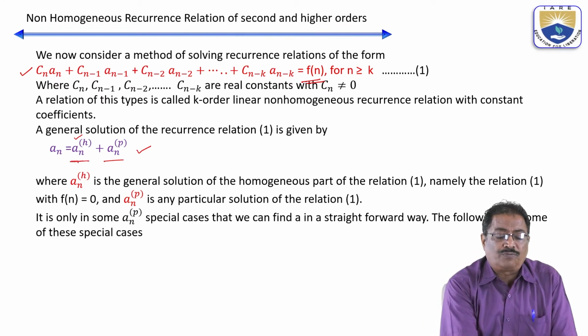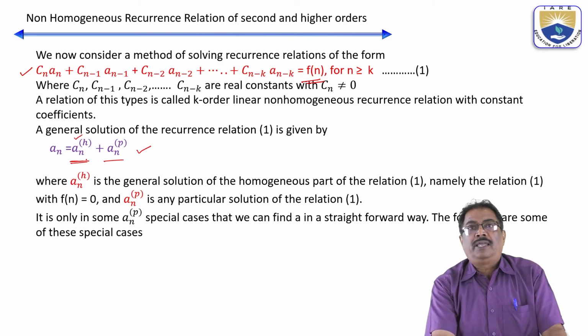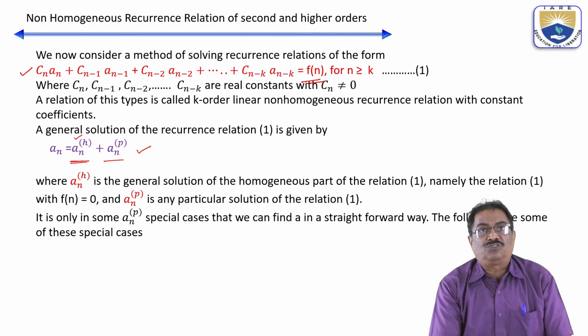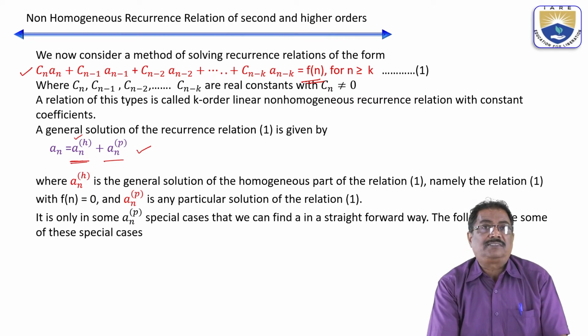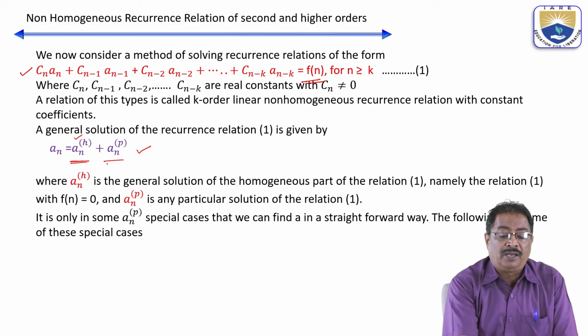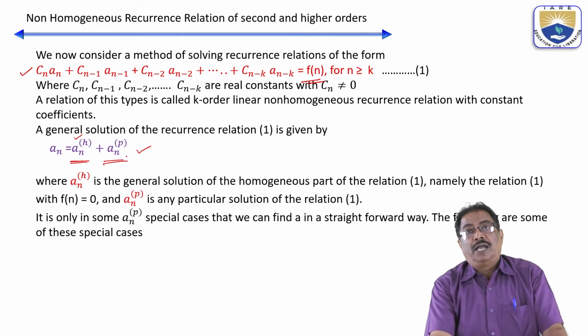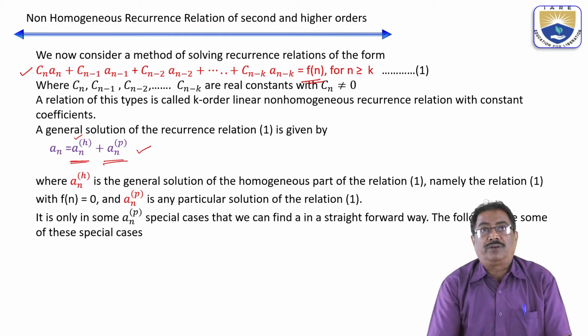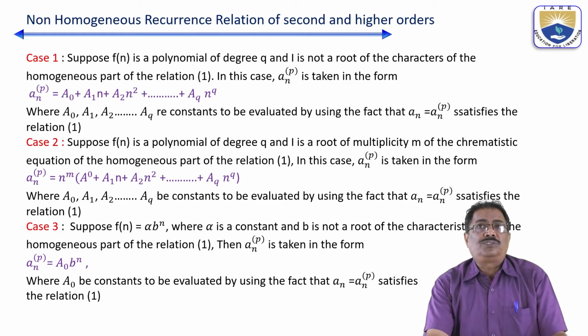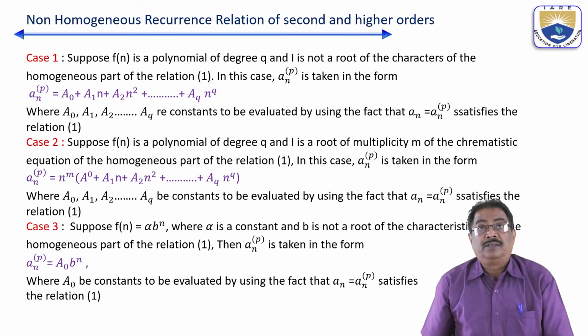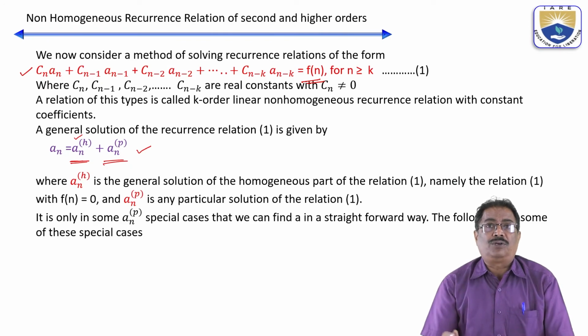We know how to find the homogeneous solution a n to the power of h, the solution of the homogeneous recurrence relation. Now we are going to find how to get a particular solution. There are some rules.